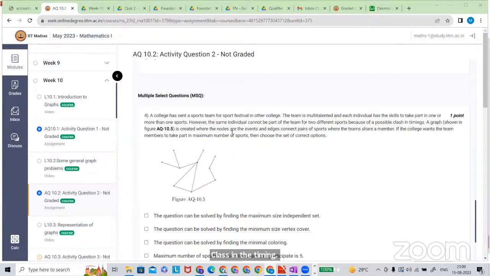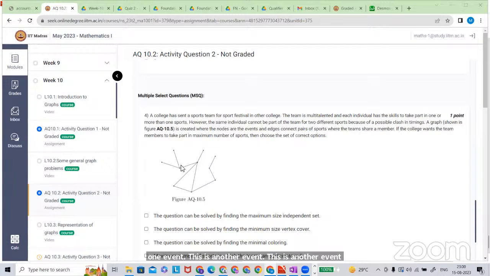The nodes in the graph are the events, and the edges connect pairs of sports where the teams share a team member. So this is one event, this is another event, and another event.